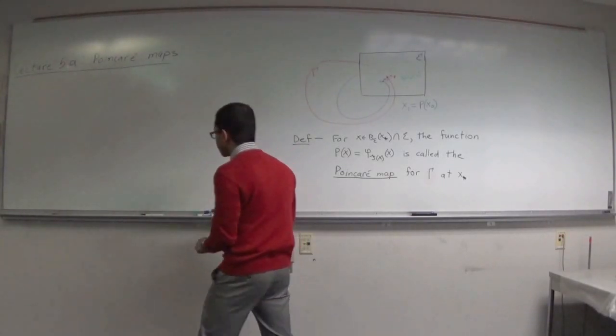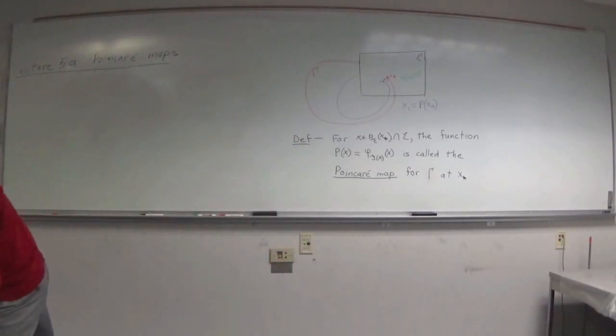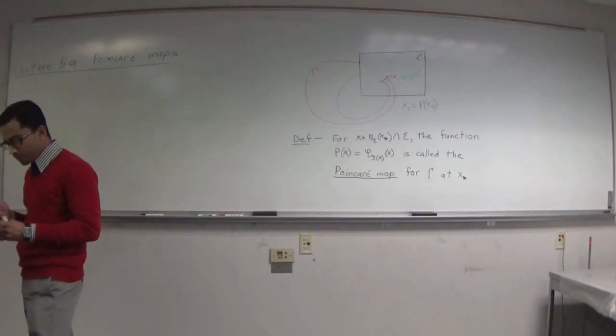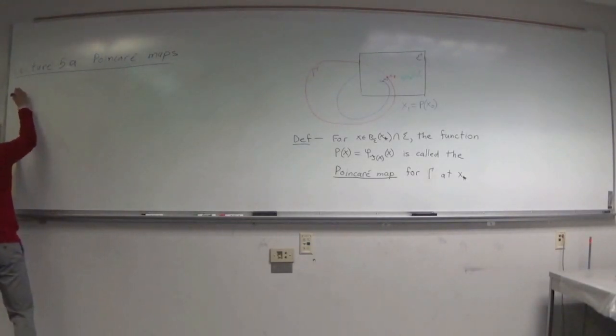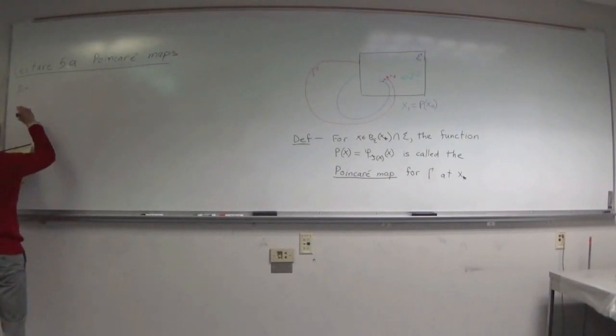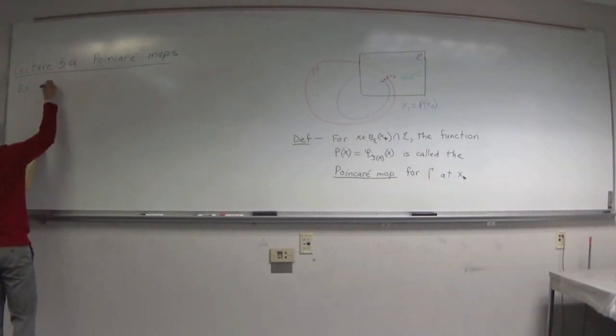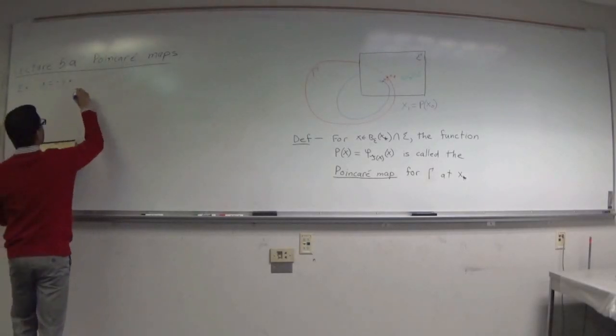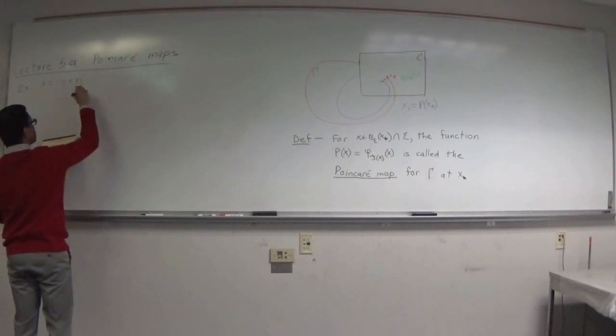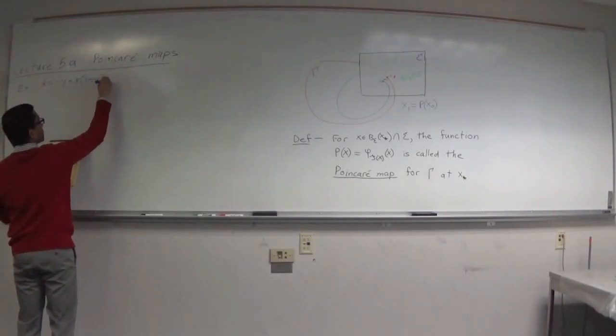But it's important because it gives us theorems that we can use. So we can deal with it theoretically. But let's look at this example. And I'll give you guys the homework as we go along on this example. So this is x dot equals negative y plus x times 1 minus x squared minus y squared.